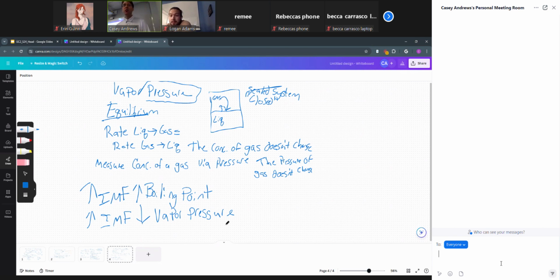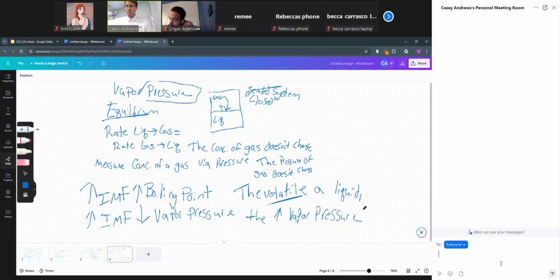Using our terminology, the more volatile, remember, volatile just means you want to be a gas, the more volatile a liquid, the higher the vapor pressure. So honey has like no vapor pressure.